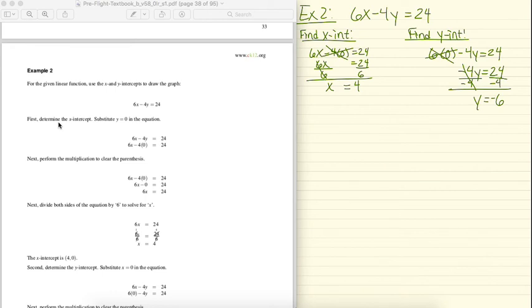Now I'm going to use that information to graph our equation. I draw my x and y-axis. My y-axis needs to make it to negative 6. My x-axis needs to make it to positive 4.